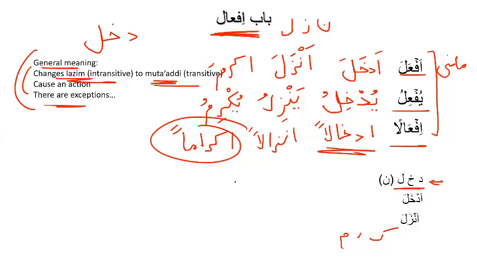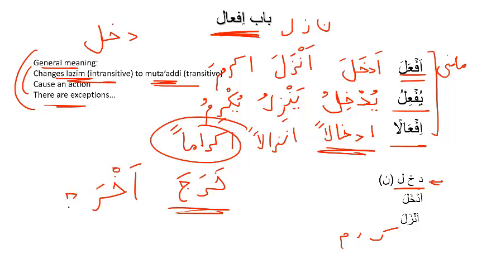Okay, so just to test you, what does kharaja mean? To exit. Okay, what do you think? And what I'm saying here doesn't always apply, but it helps. So how would I put this into bab if'al form, past tense? Akhraja.